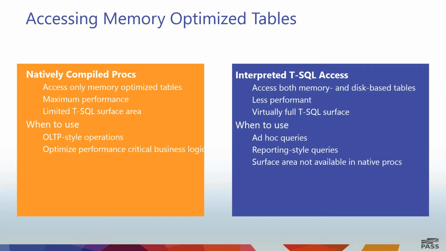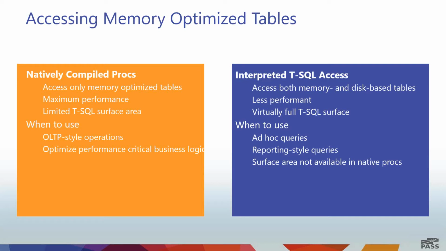Now, if you use interpreted T-SQL access, you can access both memory optimized and disk-based tables in the same transaction, or even in the same query. You can just do the joins across, for example, if you have reference tables. Of course, it's less performant, but you have virtually the full T-SQL surface area. So you can go crazy with your window aggregates, with your subqueries, case, all these things.